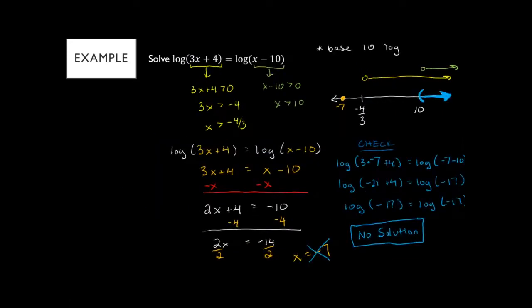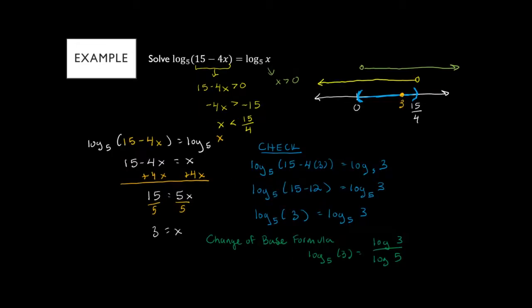Because on our previous example, if you tried to actually calculate the log of -17, you couldn't actually do it. So we just need to make sure, can we calculate this out? I don't care what the number is equal to. Can I find the log of 3? Can I find the log of 5 in my calculator? The answer is yes. So that means this answer does work. And so we do have a solution. It's 3.